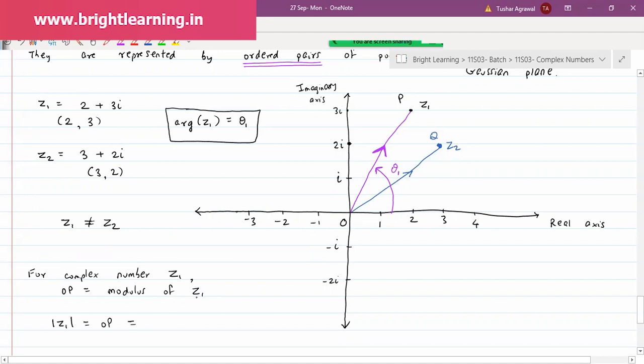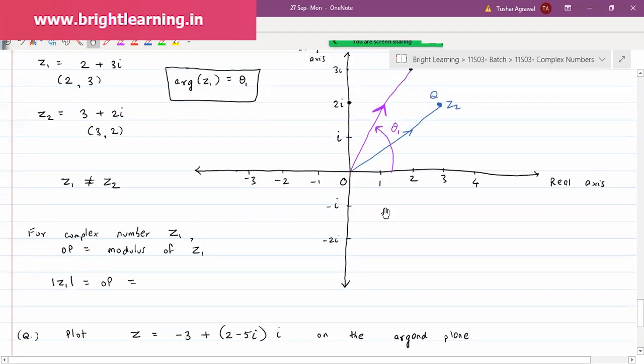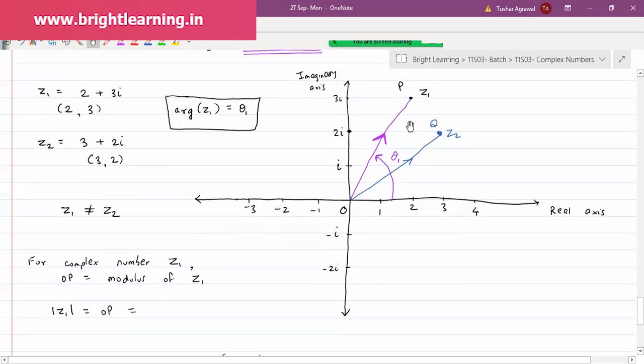What is the distance OP? It is the square root of this horizontal distance squared plus this vertical distance squared. Let me name this point B. So OP is equal to the square root of OB squared plus BP squared.